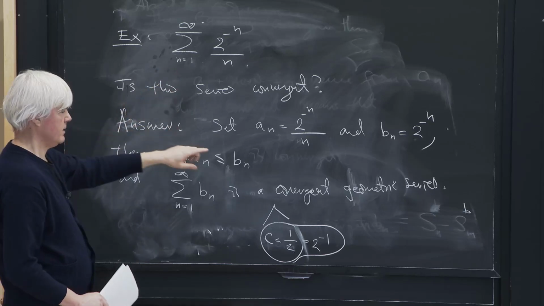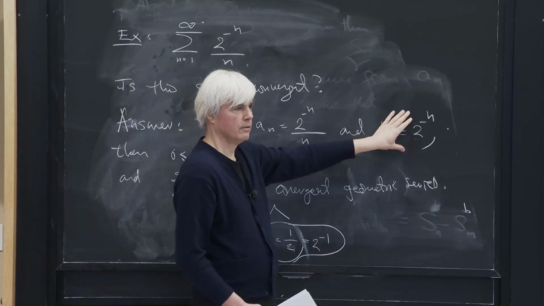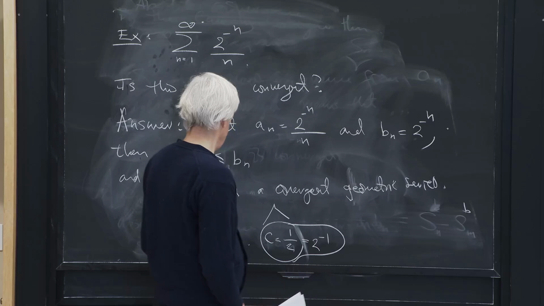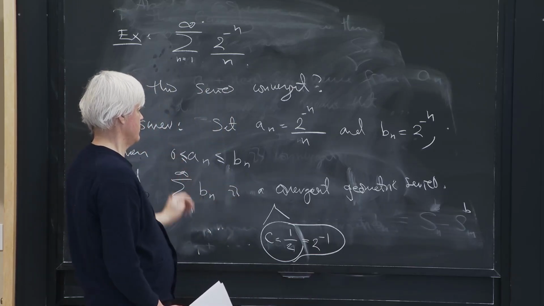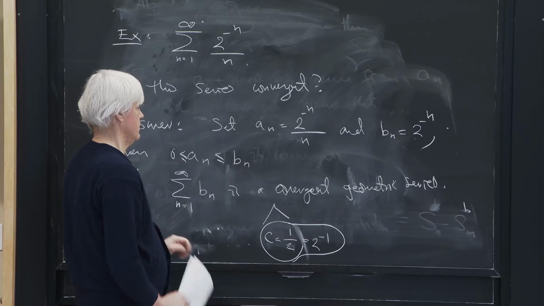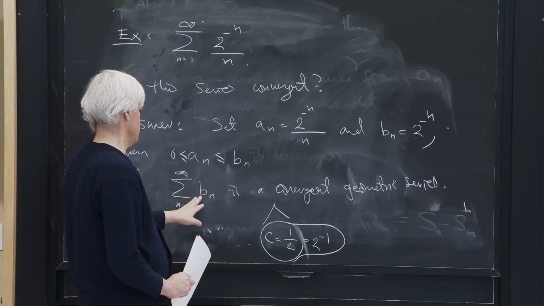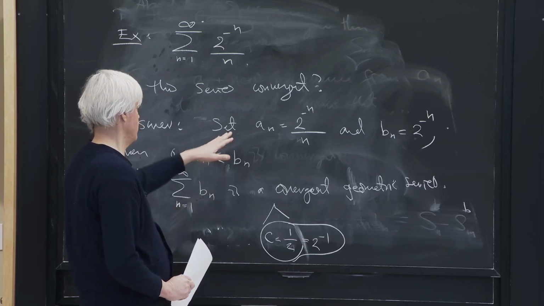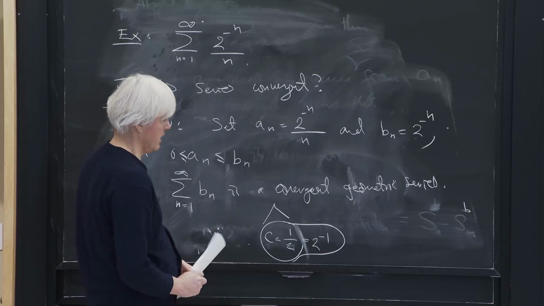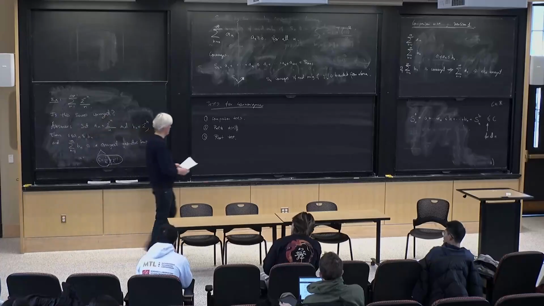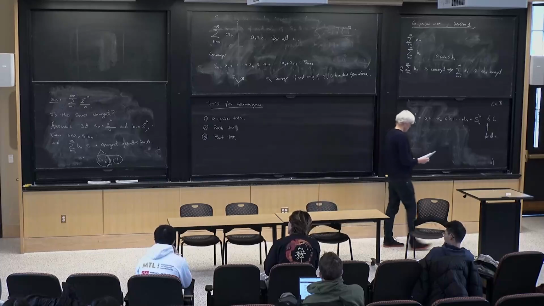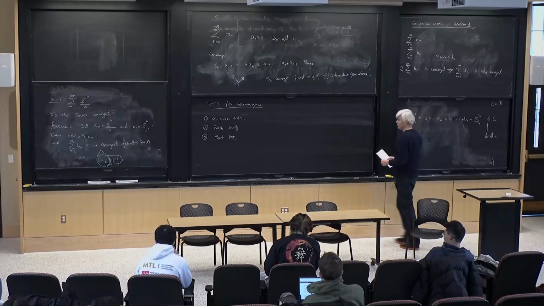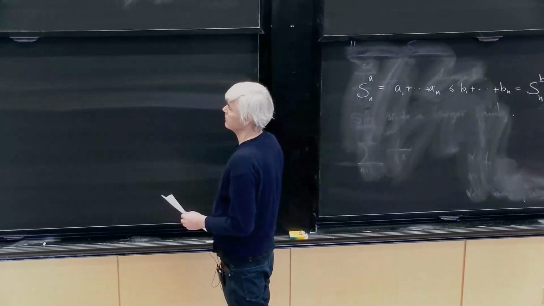You have to find the comparison series, and in this case, this thing here is convergent, and so therefore the series An that was squeezed between that and 0 was also convergent. Okay, so this was the first version of the comparison test.